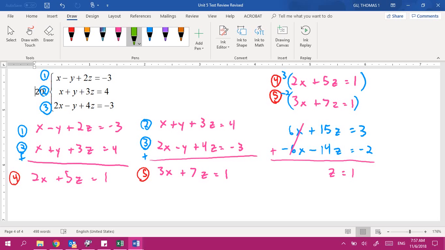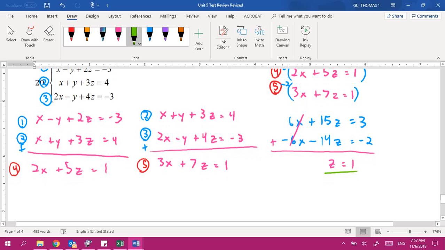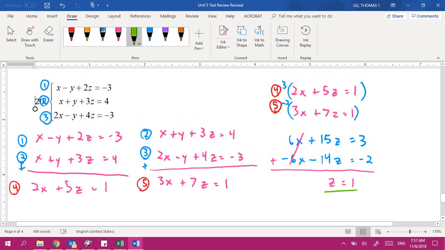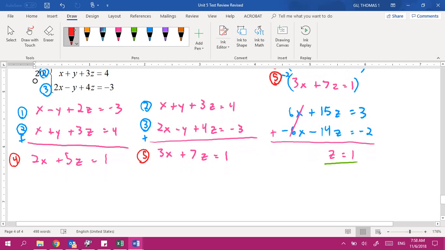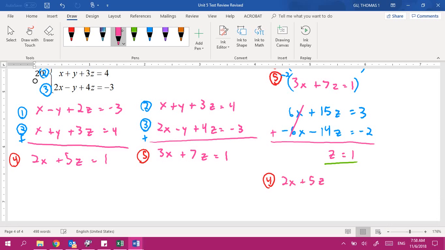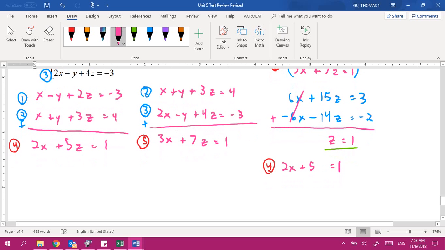So we got z equals 1. So I just found z. What other variable should I be able to find right away? x, that's right, because we're looking at equations 4 and 5. We only see x and z, so we want to be able to find x next. We can just pick either of the equations, so 4 looks a little easier. Equation 4 was 2x plus 5z equals 1. But we know z is 1, so I can take that z out and replace it with parentheses 1.